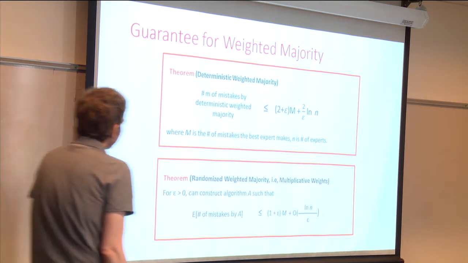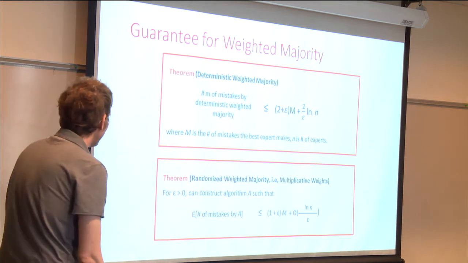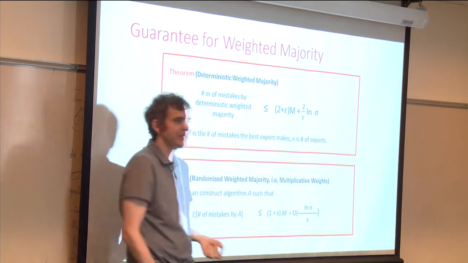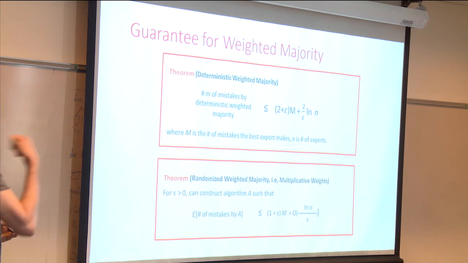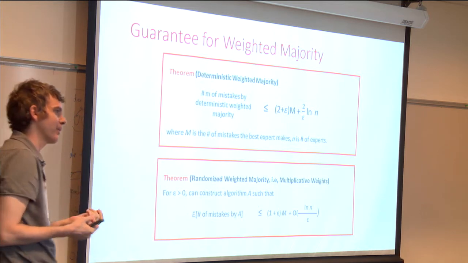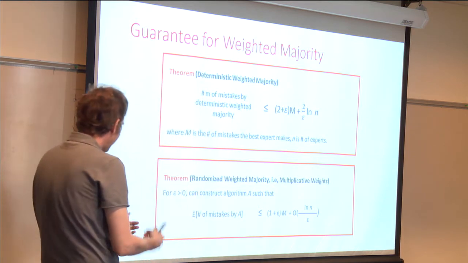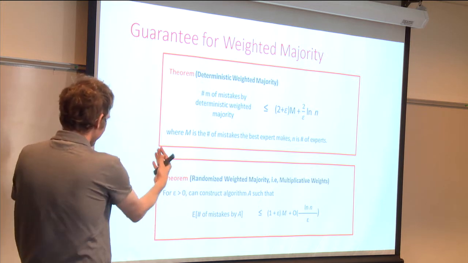You can improve this to the randomized weighted majority algorithm. The idea behind this algorithm is that instead of deterministically following the weighted majority, you sample an expert proportional to its weight, and then you output what that expert outputs. You do this on each day independently, sampling from that weighted distribution on that day.